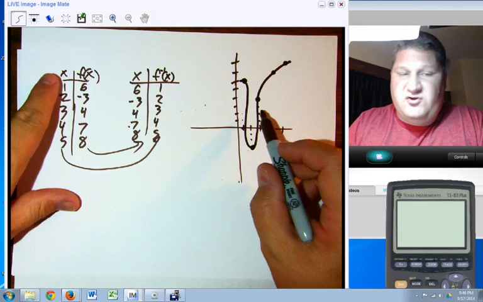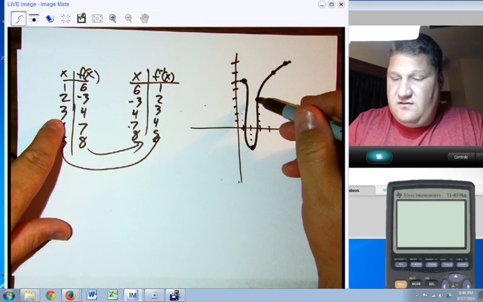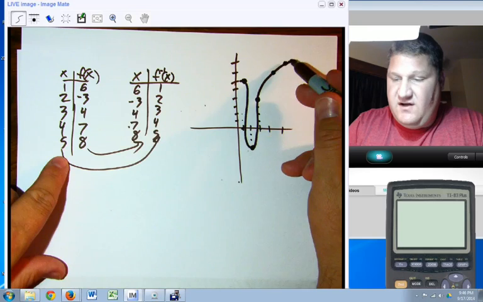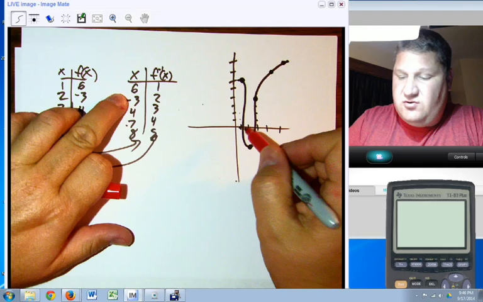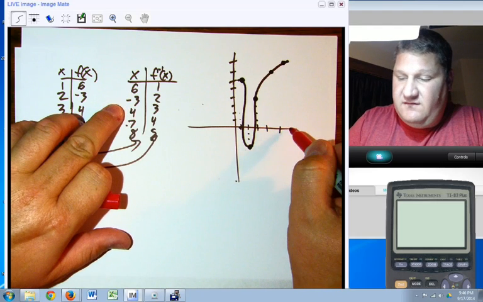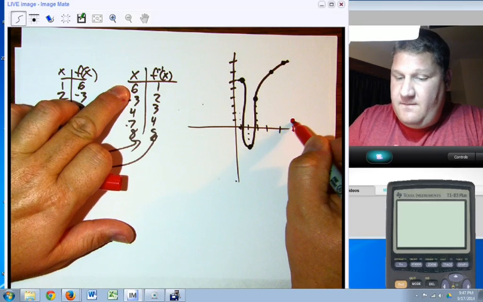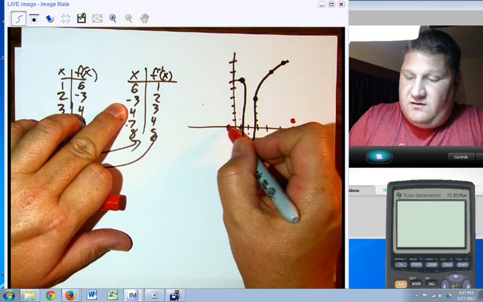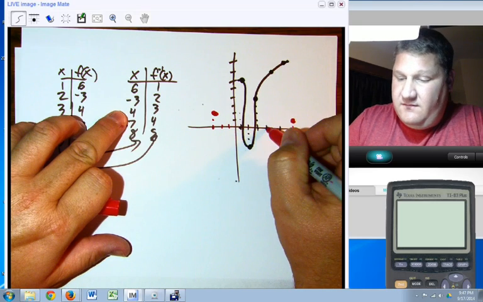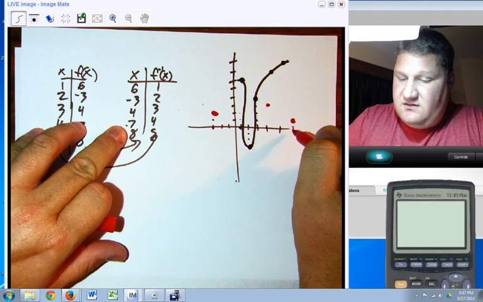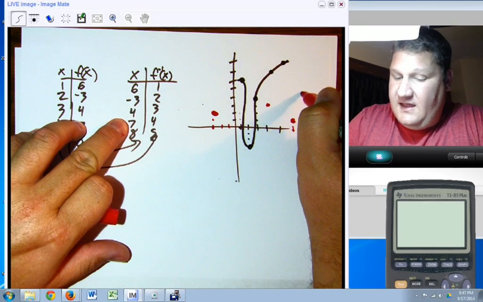For whatever values I had for the original function, (1, 6), (2, -3), (3, 4), (4, 7), (5, 8), when I have the inverse, you switch the columns. So it's (6, 1), (-3, 2), (4, 3), (7, 4), and (8, 5).